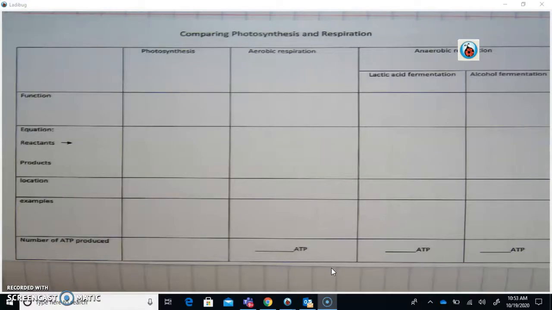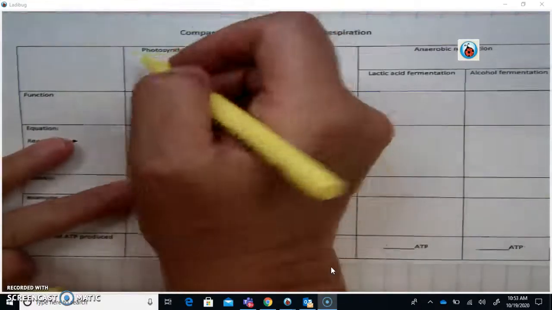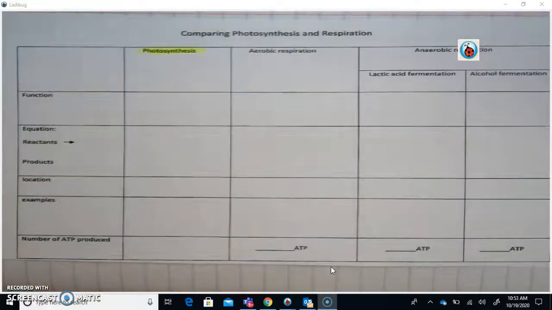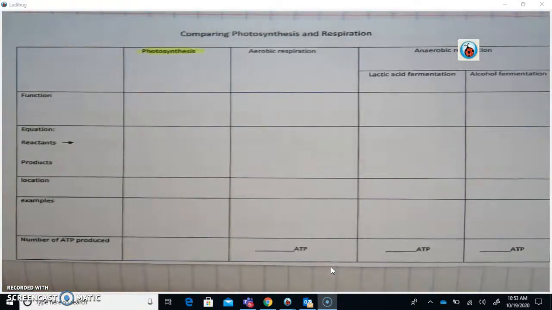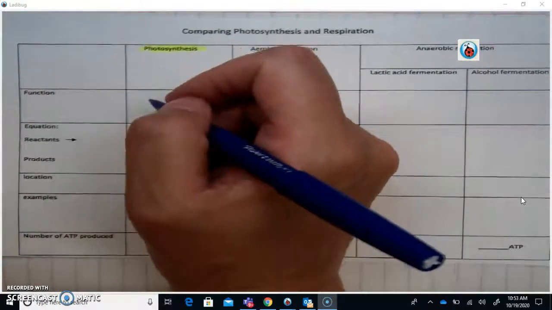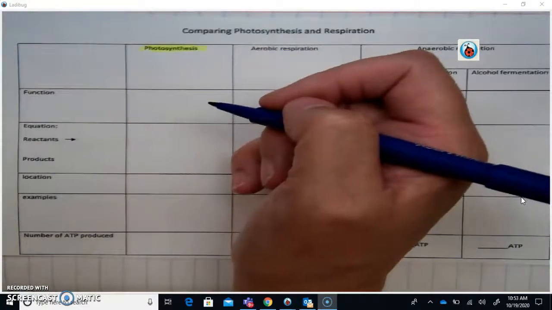Okay, so we're going to take photosynthesis first, and let's go over its overall function. So the goal or the purpose or the function of photosynthesis is to convert light energy into food or stored chemical energy.